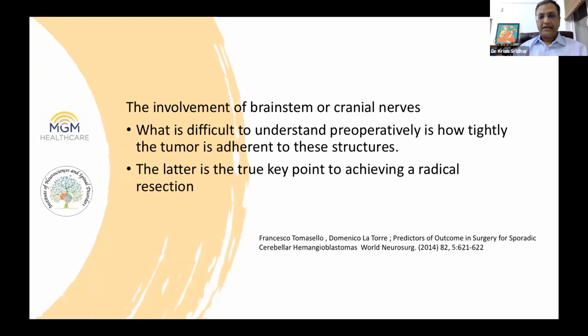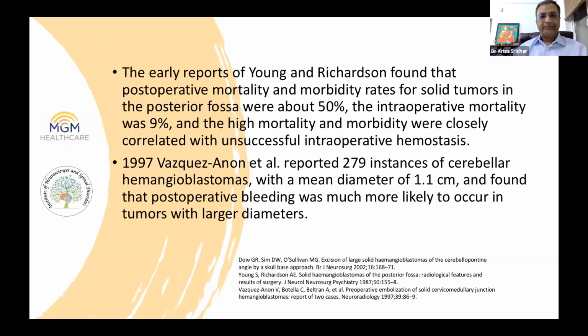We will know that they are at the brainstem or in the CP angle or adjacent to the CP angle, but we will never know what the adherence of the tumor is. And it is very important to understand this because getting a radical resection of these hemangioblastomas, which are in close opposition to either the brainstem or cranial nerves, is very, very important.